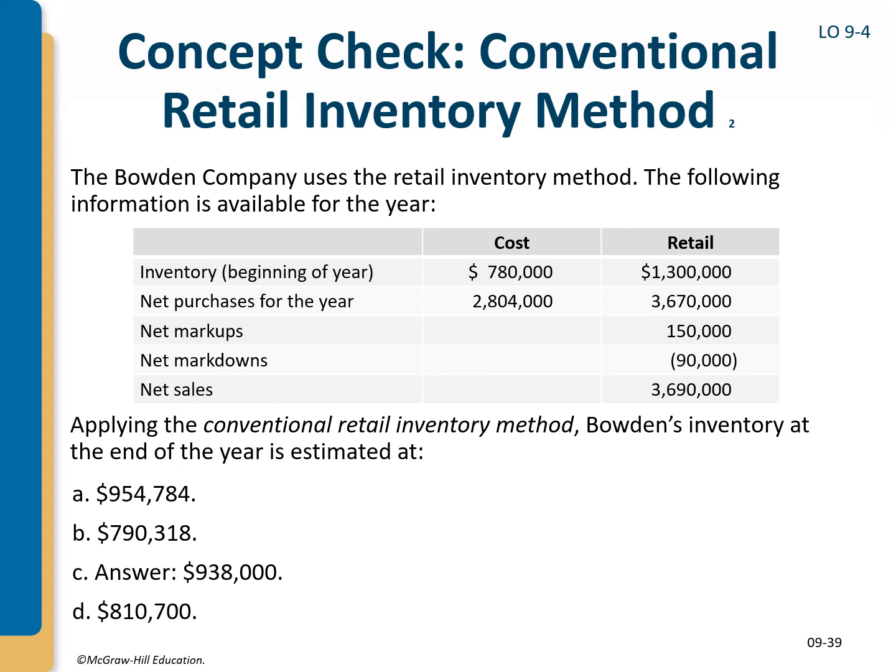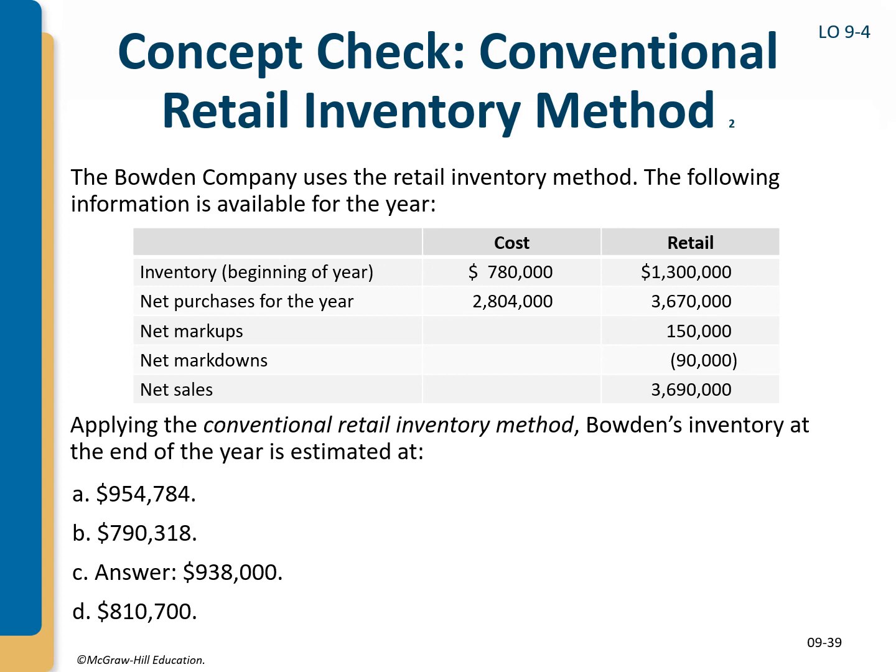Do not subtract your markdowns under this method before calculating the cost to retail percentage. So let's add the costs together. I'm getting a total cost of $3,584,000. And if I add my retail amount of beginning inventory to purchases to markups, I get $5,120,000. So my cost to retail percentage will be $3,584,000 divided by $5,120,000, or 70%.